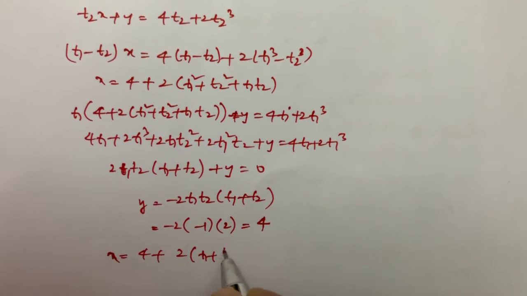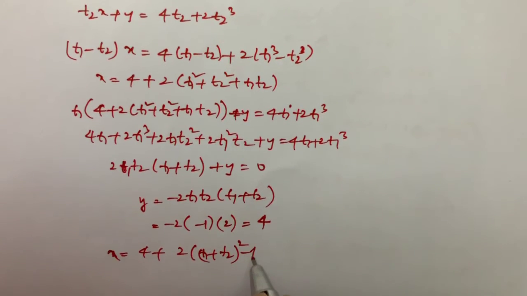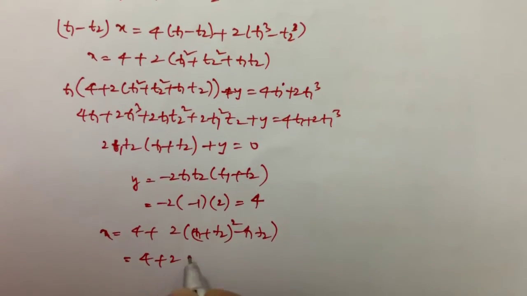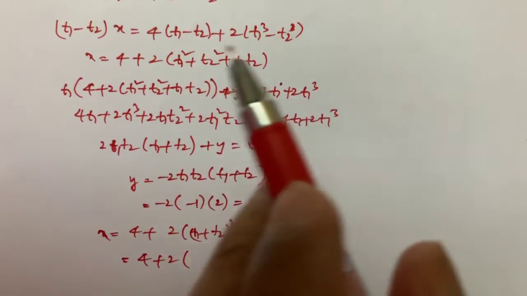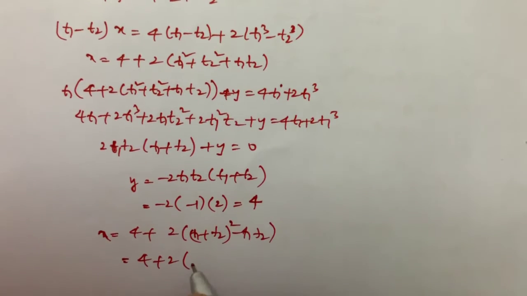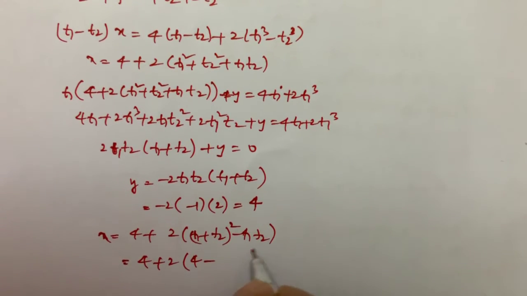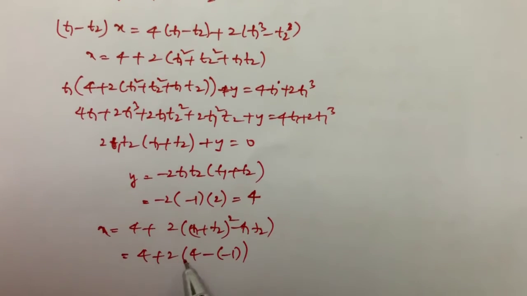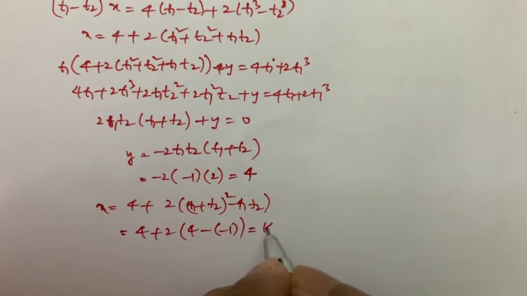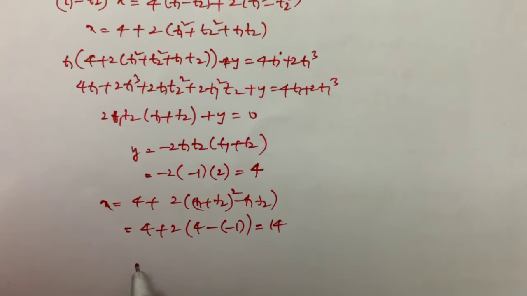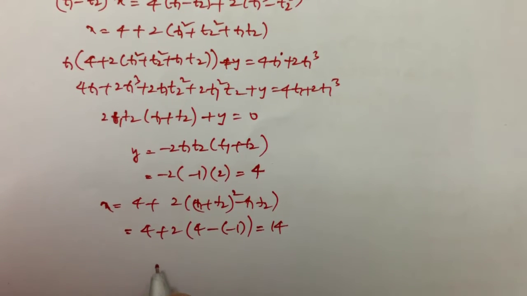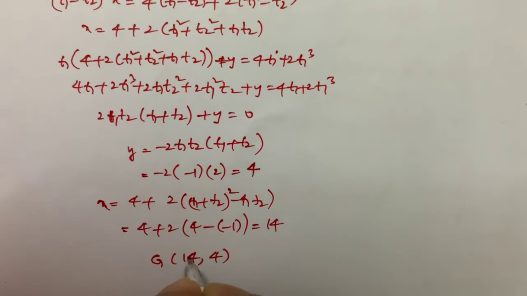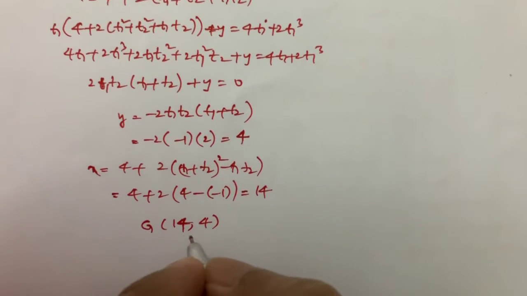So that is 4 plus 2 into ((t1 plus t2) whole square, which is 2 whole square, 4, minus t1 t2, which is minus 1). So that is 5 into 2, 10, plus 4, 14. So the coordinates of G are 14 comma 4, because the normals will intersect at this point.